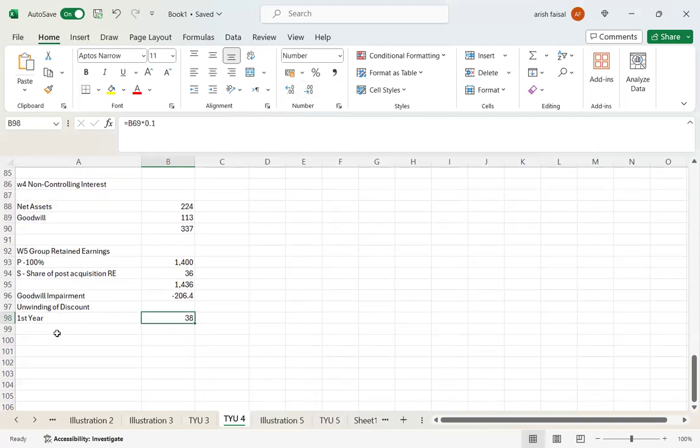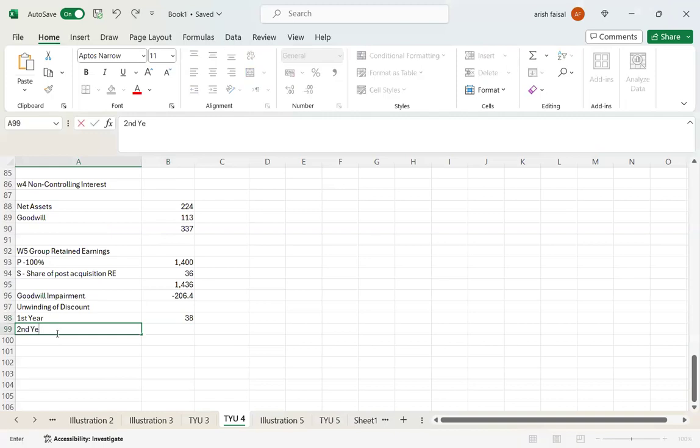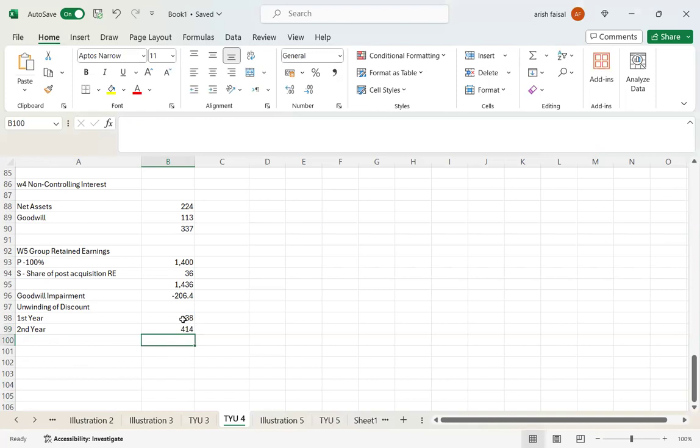But then for the second year also, the value was 376 at the opening when Peppermint company acquired the Spearmint company. Then over 1 year, you unwind the discount by 38, so the value of the liability by the end of the first year was around 414.